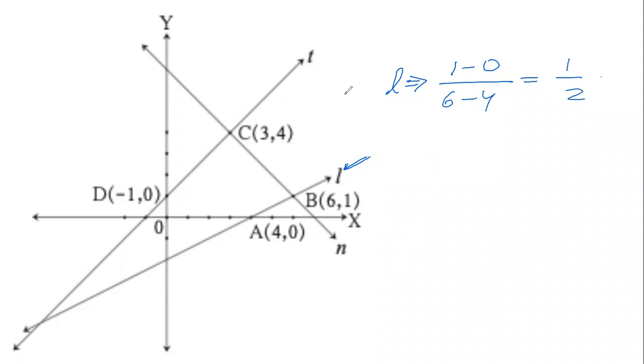Now you tell me, using the same logic, using a similar formula, how can we find the slope of the line N? Not T, N. We are going in alphabetical order. You tell me, I'll write. How do we find the slope of line N?